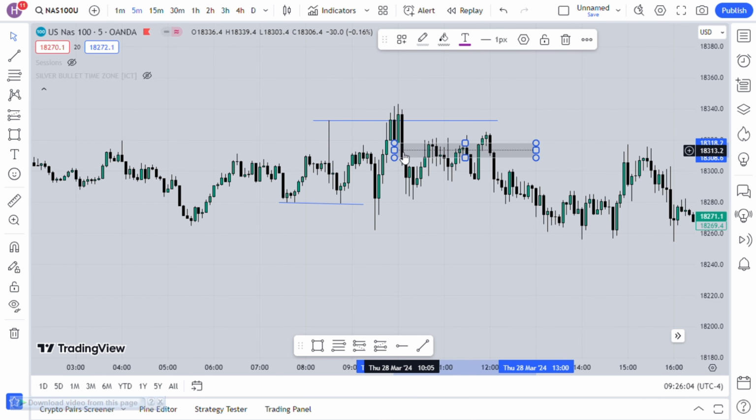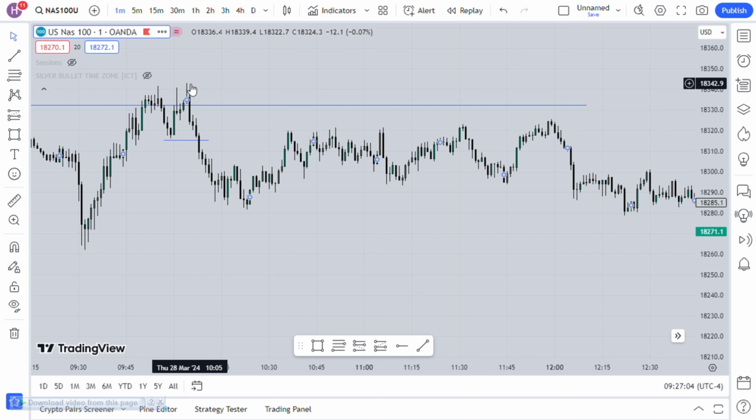The market retraced. You could have entered here for your first entry, second entry, third entry, since it failed to take out this high, and your stop losses will be here.